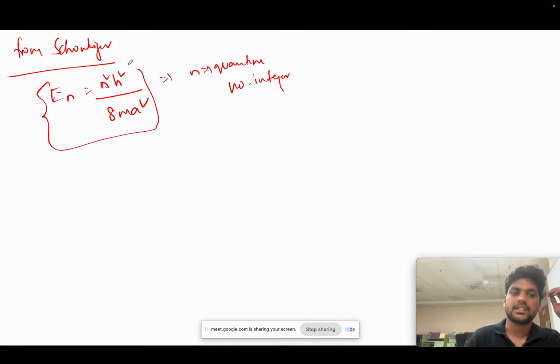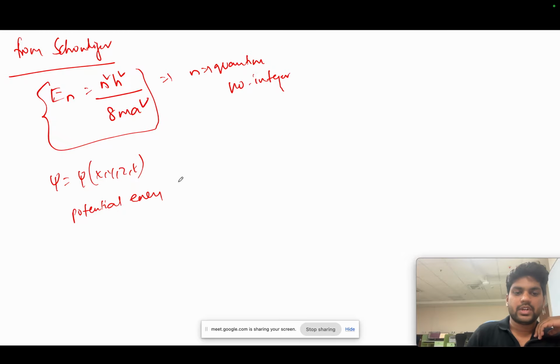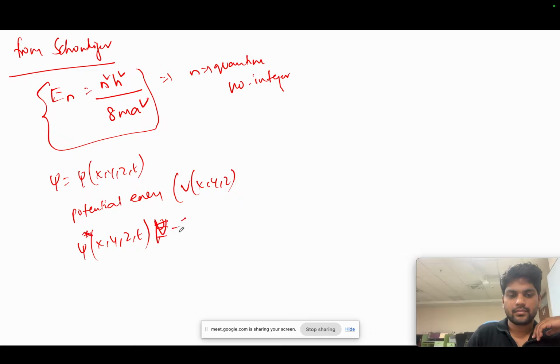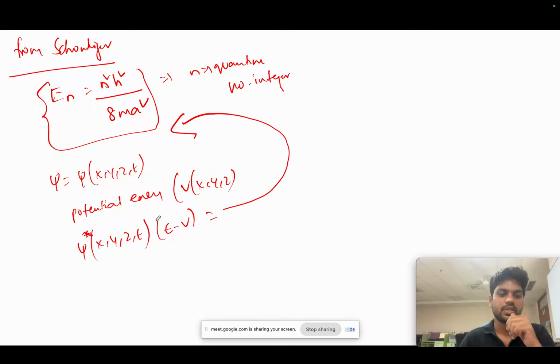As of now, I know that the Schrodinger equation deals with x, y, z and time with the potential energy function V of x comma y comma z, and I will show how this equation comes about. So this equation gives this. I will come to it in the next classes, I am also reading about it, so I will let you know once I get the information about this.